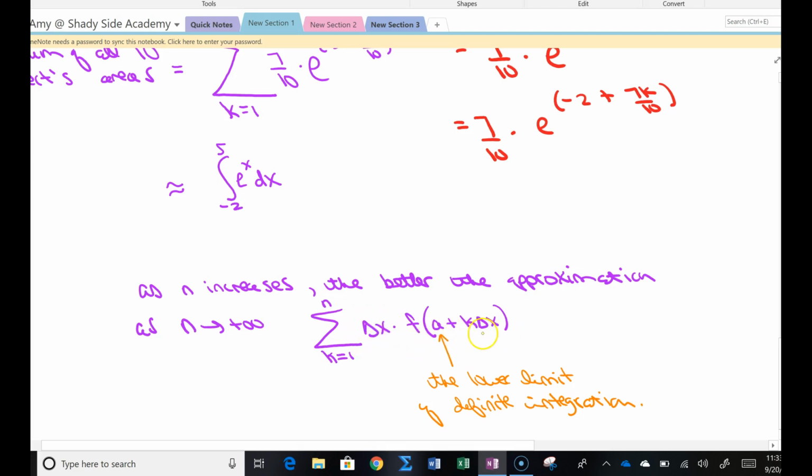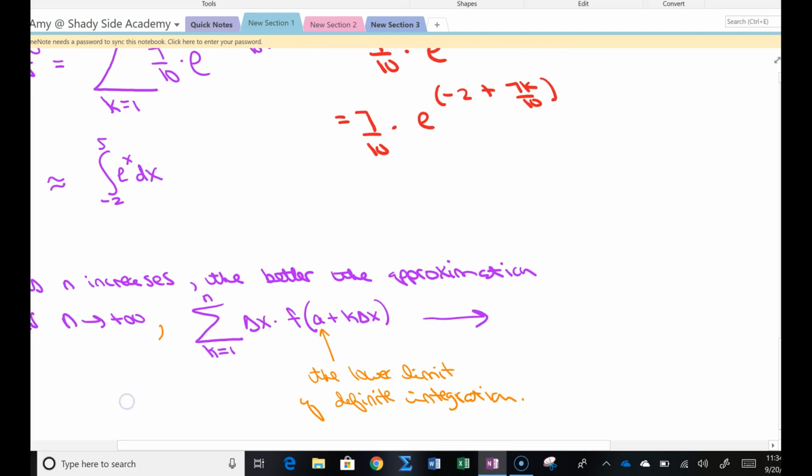F of a plus k delta x is the height of the kth rectangle. Width times height equals the area of the rectangle. So as n approaches positive infinity, this Riemann sum approaches what value, everyone? It approaches the actual value of the area, which is the definite integral from a to, what should we call the upper limit of integration? Sure, b. The definite integral from a to b of f of x dx.